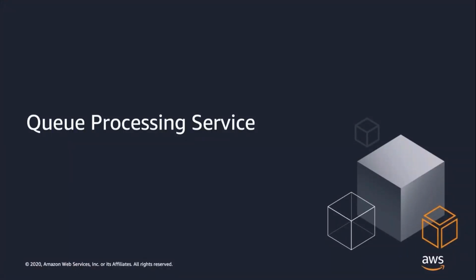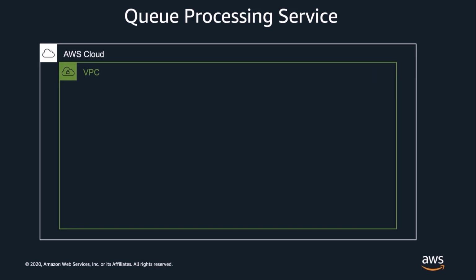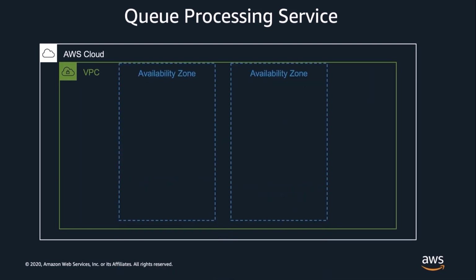For our next demo, we're actually going to build a queue processing service. Let's look at architecturally what it takes to get a queue processing service up and running. Very similar to the application load balanced service, we need to provision our AWS account. We need that VPC.